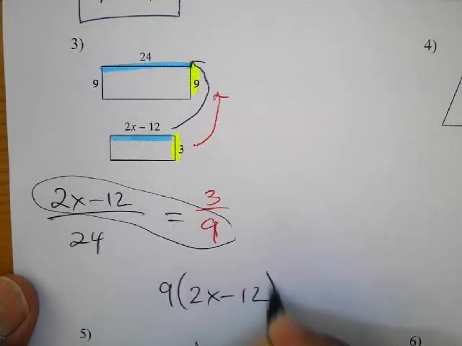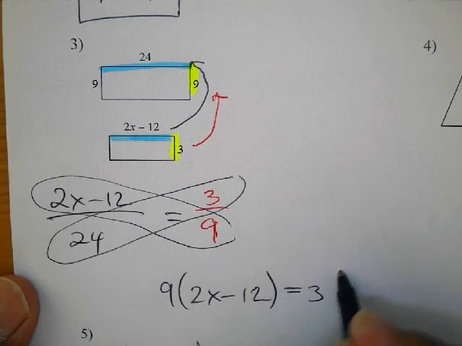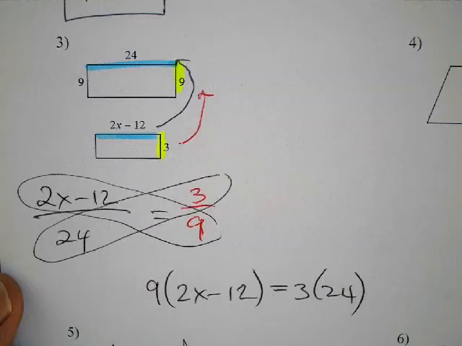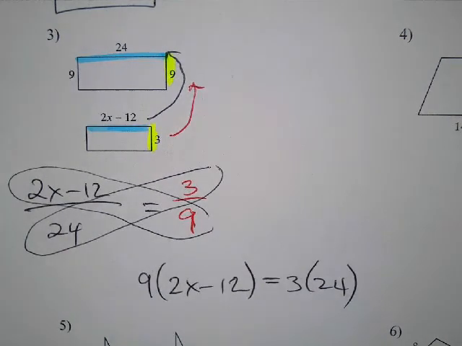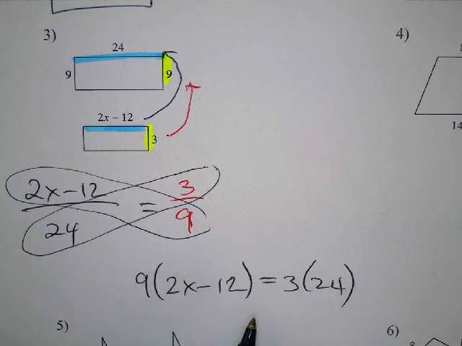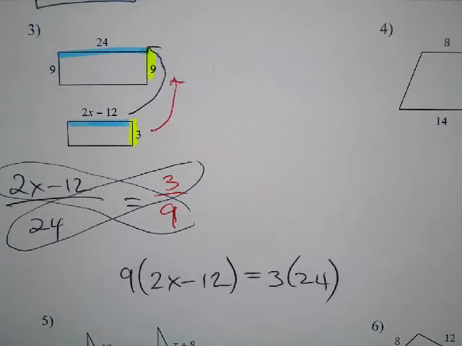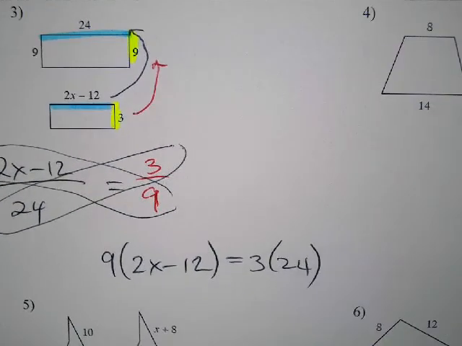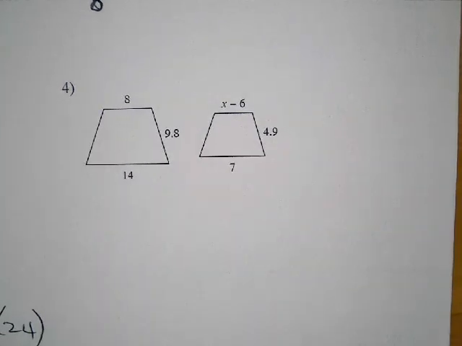Okay, so cross multiply, that would be 9 times 2x minus 12 is equal to 3 times 24. Okay, and then you solve it. You work it out, but this is the way you set up these problems. If you need help solving this, talk to me in class. I can help you out in a breakout room, or I'll help you out in person.